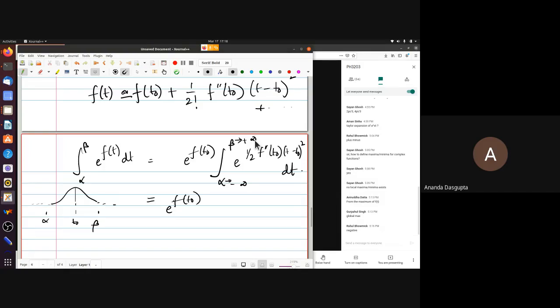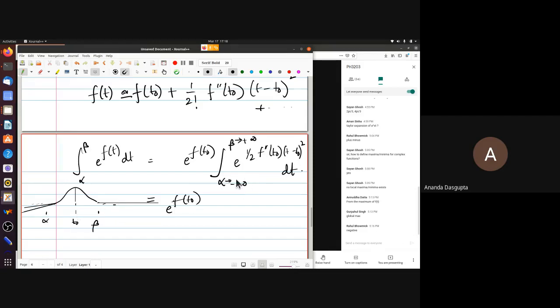So what does this do? It essentially pulls down the exponential so fast when you move away from the peak that the fact that you're integrating from alpha to beta over some finite interval does not really matter. You can equally well integrate from minus infinity to plus infinity. If you do that, no problem, because your integrand is nearly zero there anyway. Since it has almost vanished there, you don't really care.